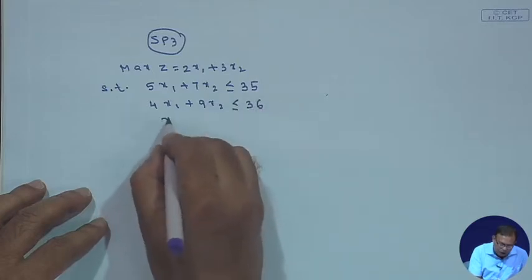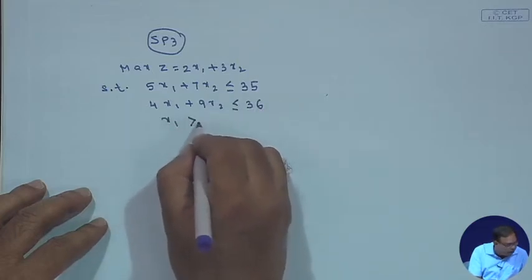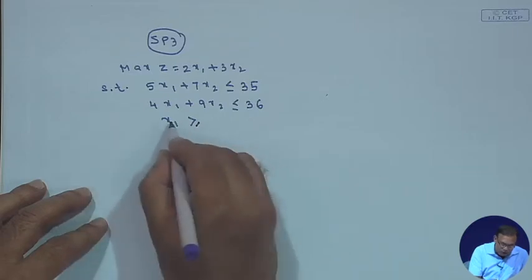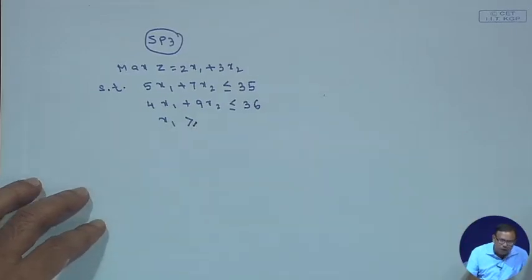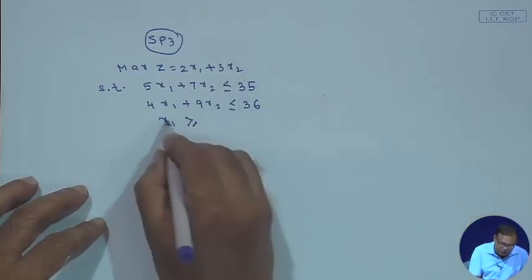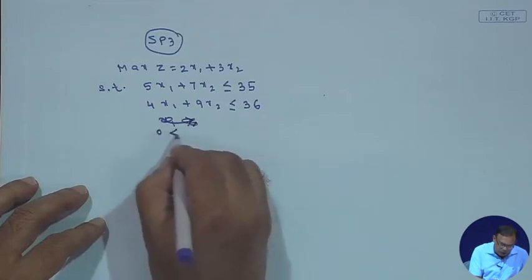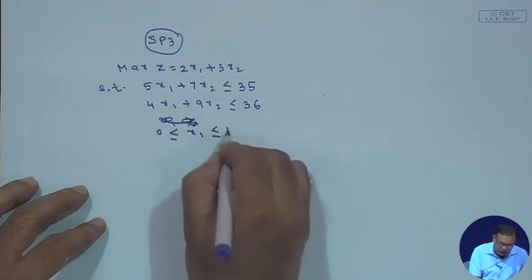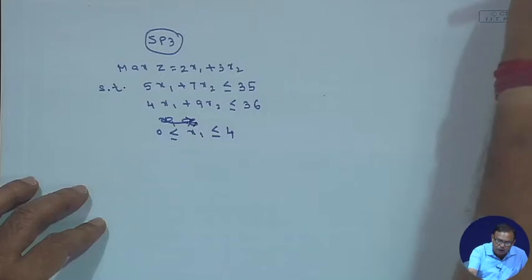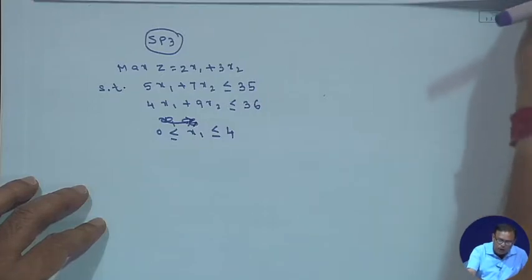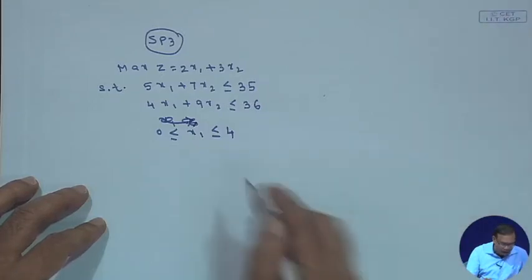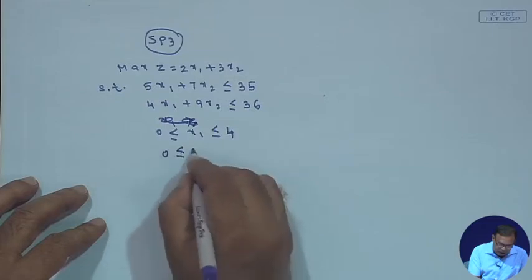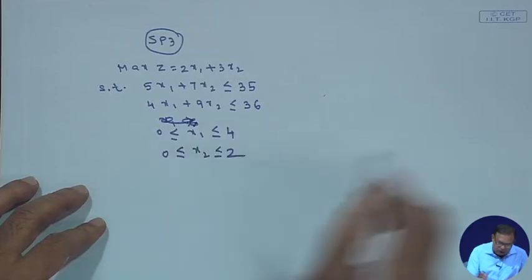Your condition was x1 already greater than equals 4, that means one condition will be x1 lies between 0 to 4, 0 less than equals x1 less than equals 4, and one more condition now I will add, that is 0 less than equals x2 less than equals 2.